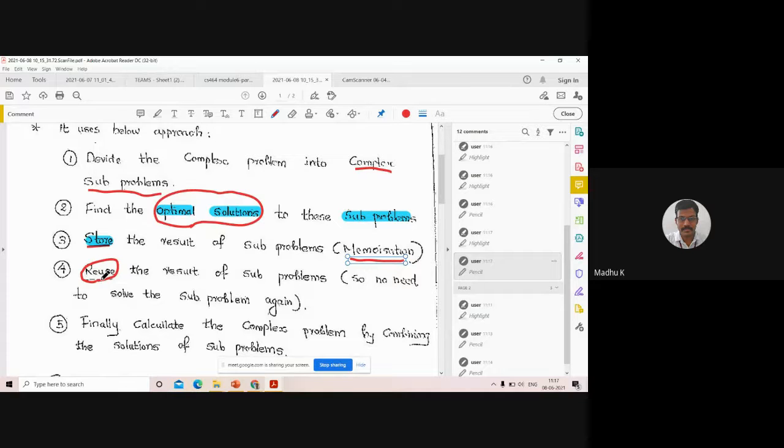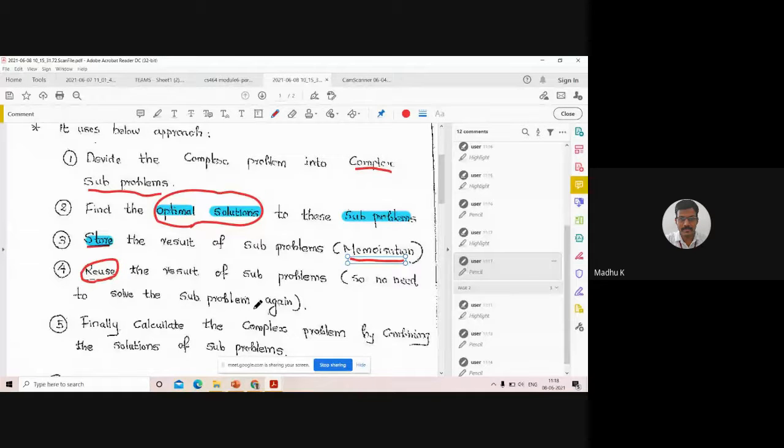Why are we memorizing something? We may want to reuse it in the future. So reuse the result of the subproblem. In some situations in the future, we may want to reuse the result.